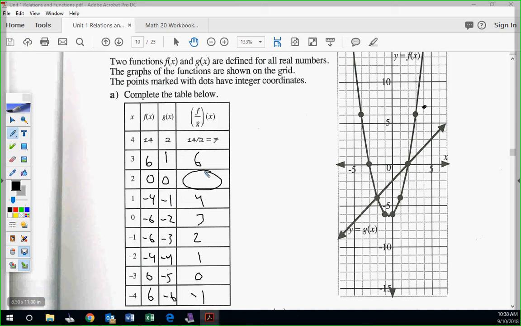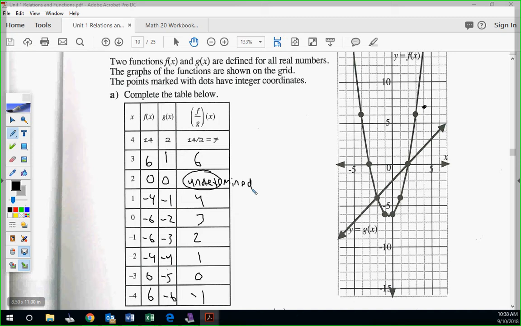Anytime we run into this issue, and with division this happens a lot, where you get to a point where you're going to divide by 0, it's going to be undefined or an open circle. So what we put here is undetermined, or undefined, or whatever you want. The book says undetermined. I usually use undefined, but I'll stay with the book. Undetermined. What that means is we have no value at 2 for x.